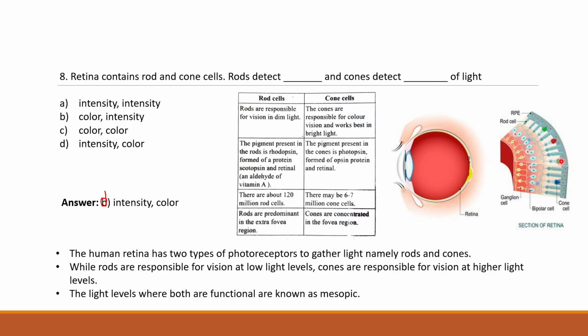And then the cone cells are of three types. They collect blue, green, and red, and they are called short, medium, long. Okay, so these are the rods and cones of your retina, which help you in detecting and analyzing different intensities of light and also different colors.